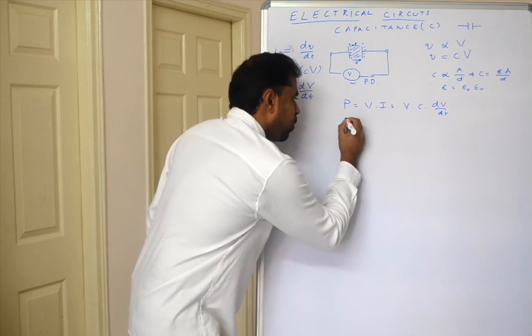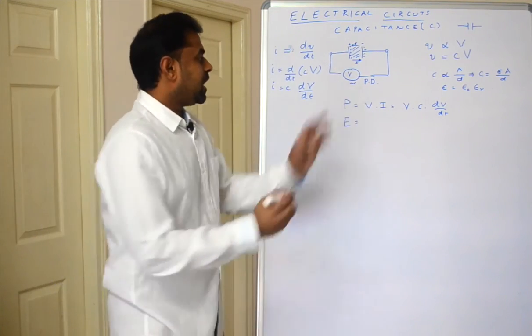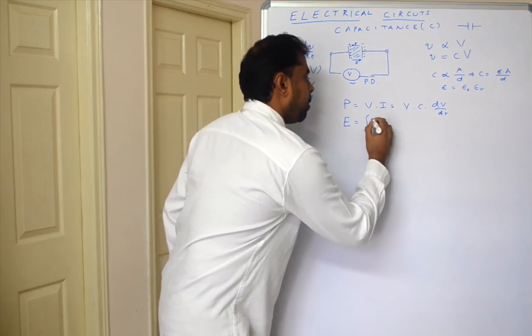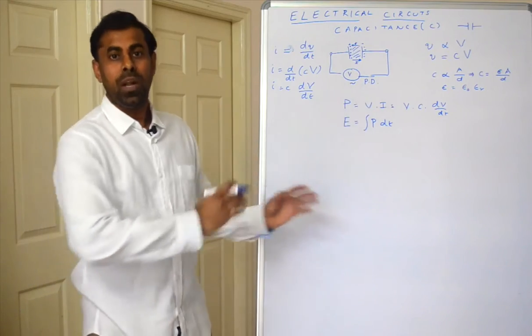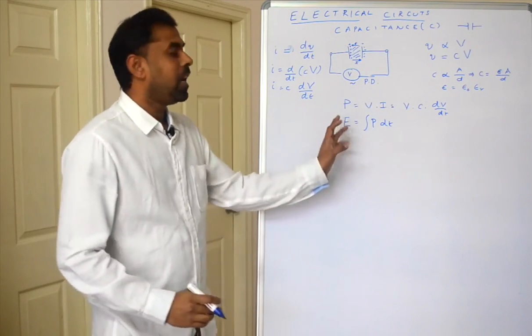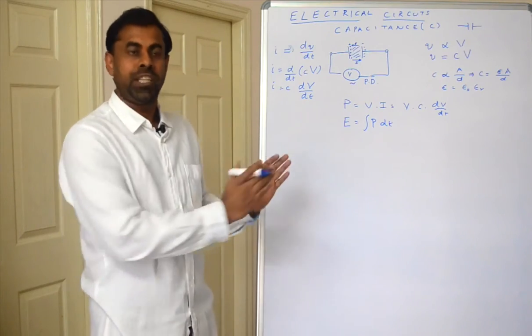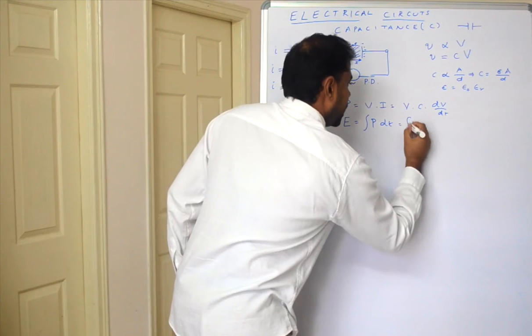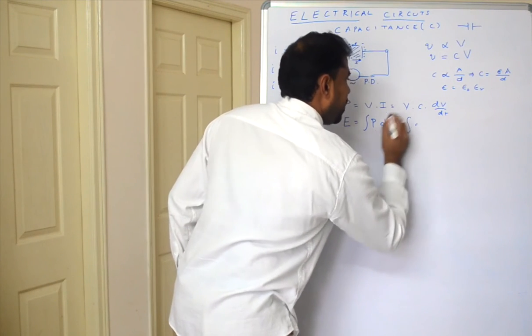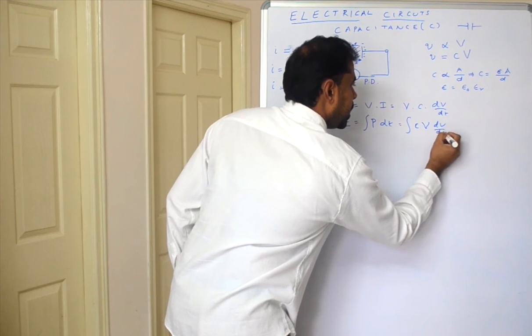Next, I will see what the energy stored in the capacitor is. Energy is nothing but the integral of power over a certain amount of time. Energy contains three components, we know: voltage, current, time. Voltage and current is nothing but power, over a time period. If I apply that, power is nothing but CV dV by dt.